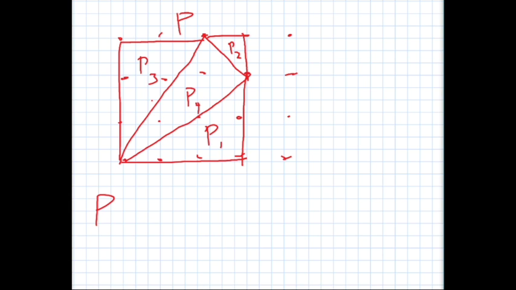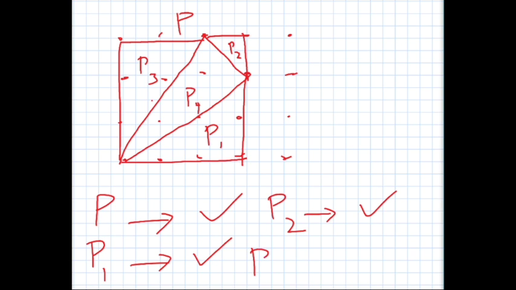Now for P, Pick's theorem holds. For P1, this holds. Why? Because P1 is a right triangle whose legs are parallel to the coordinate axes, and we have already seen that Pick's theorem holds for it. P2 is the same thing, P3 also the same thing.